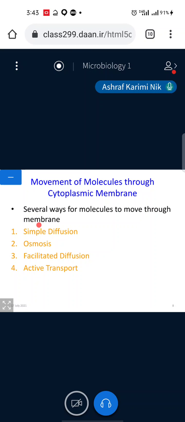Facilitated diffusion. 4. Active transport. I will explain these four ways of movement of molecules in the cytoplasmic membrane, at first simple diffusion, next osmosis, and next active transport.